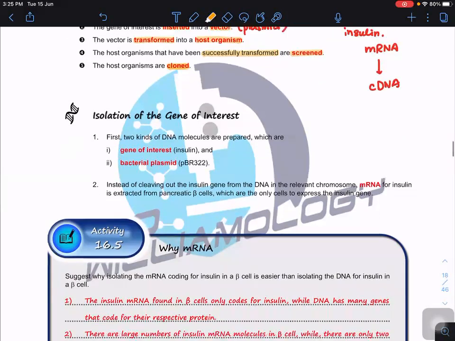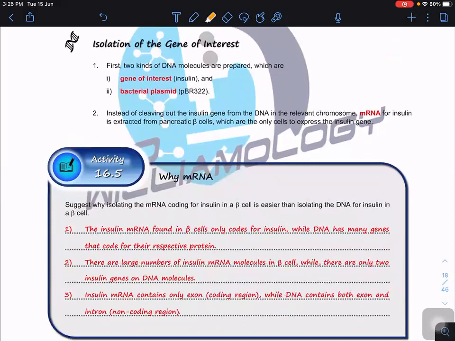Okay, so very quick ones. First, we need to isolate the gene of interest. We need to prepare 2 kinds of DNA molecule: the gene of interest, in this case the insulin gene, and bacterial plasmids. This bacterial plasmid we purposely synthesize. This plasmid is called pBR322.